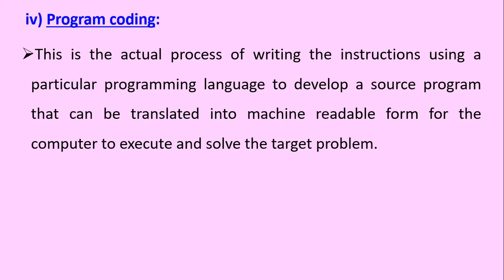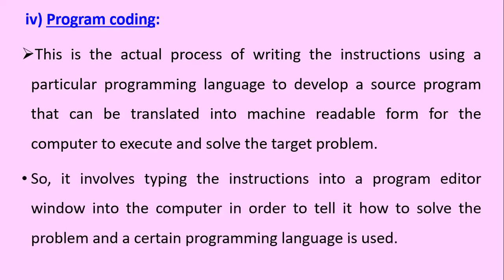The next step or stage in the program development lifecycle is program coding. This is the actual process of writing the instructions using a particular programming language to develop a source program that can be translated into machine-readable form for the computer to execute and solve the target problem.